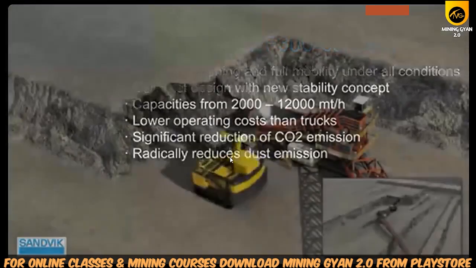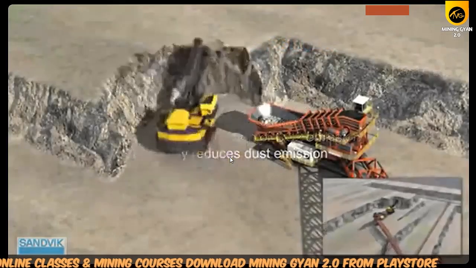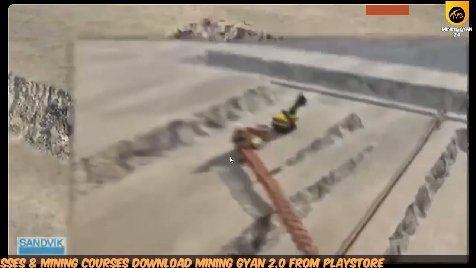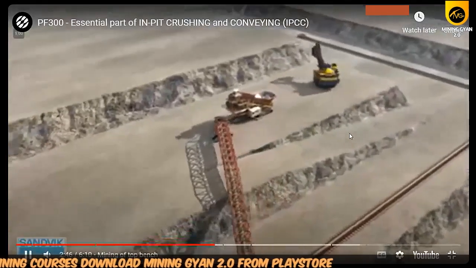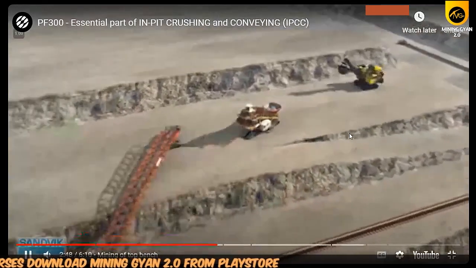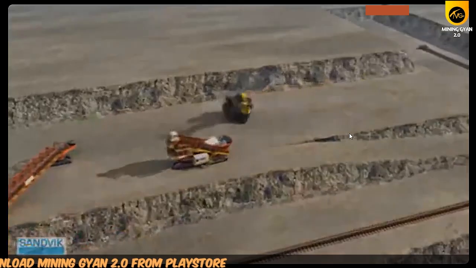You see, these are the benefits they are written in this screen, and you see how they are going to mine in top and bottom line.